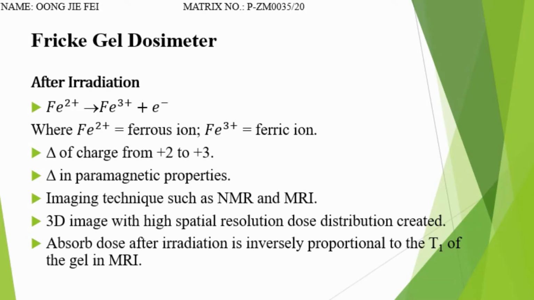There's a change of +2 to +3. This change will alter the paramagnetic properties. Imaging techniques are such as NMR and MRI. 3D images with high spatial resolution and dose distribution are created. Absorbed dose after irradiation is inversely proportional to the T1 of the gel in MRI.